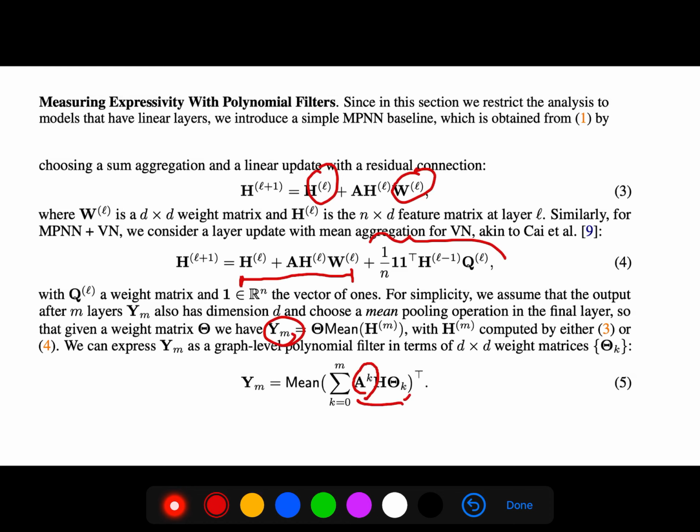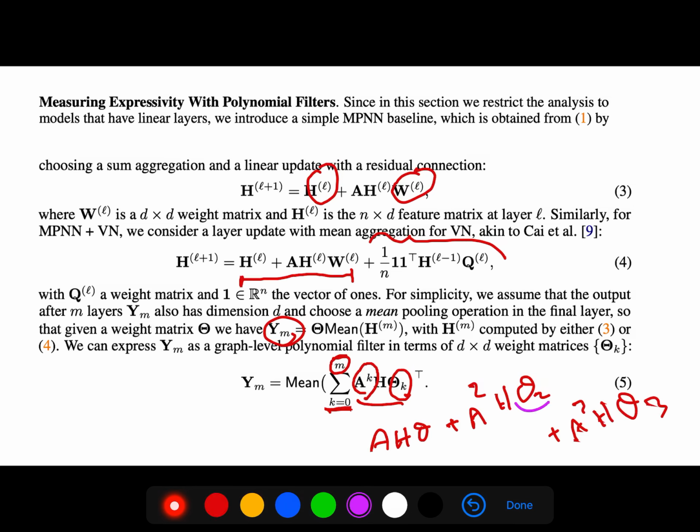So don't forget that theta here is just some parameters. And we have M layers. So for k, for example, A theta plus A2 theta 2 plus A3 theta 3.